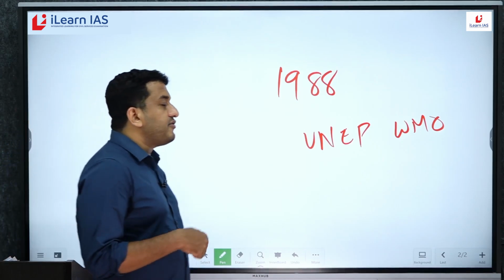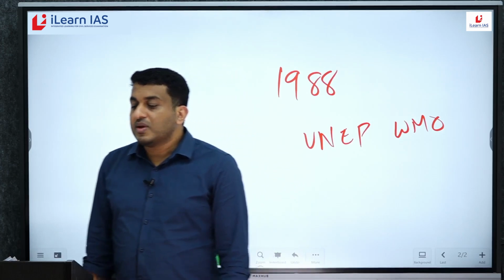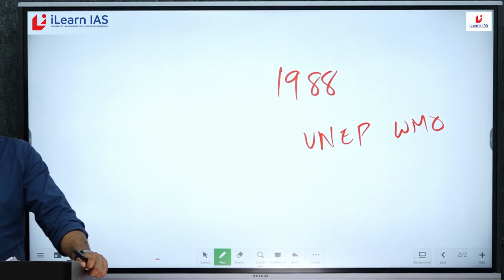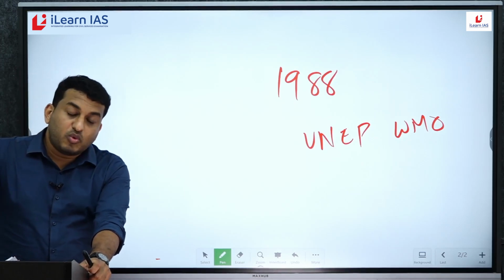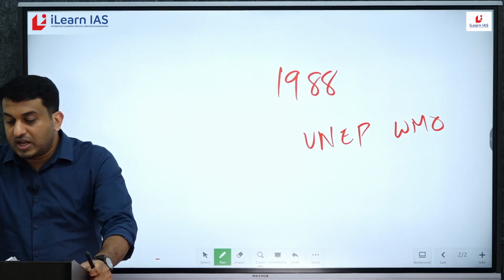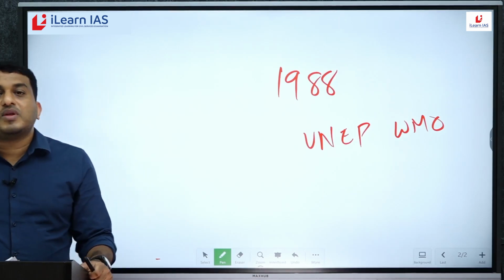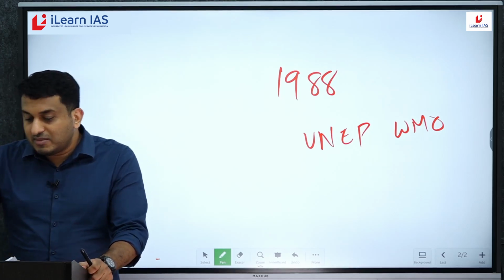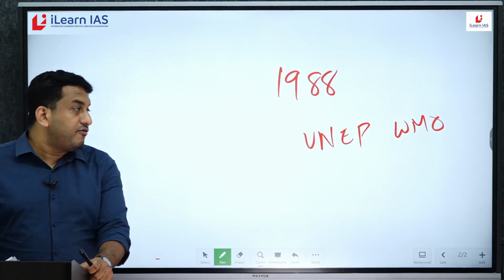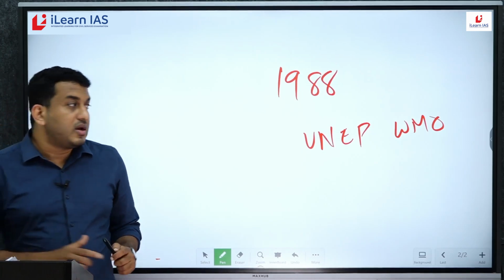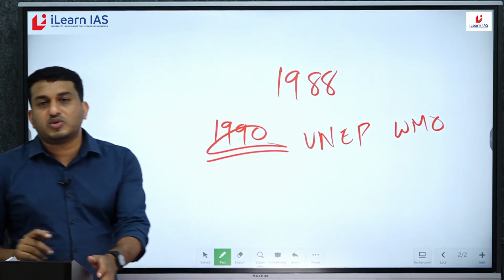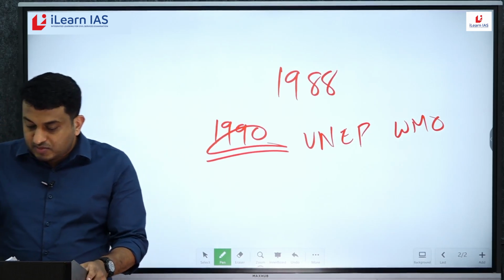Just 2 years after its establishment, IPCC came up with the first assessment report, talking about the nature of climate change, the important causes of climate change, and the likely consequences of climate change, right? So in 1990, IPCC came up with the first assessment report.